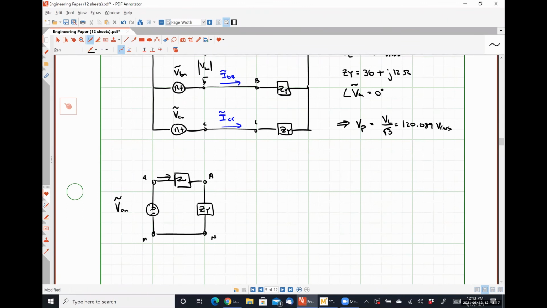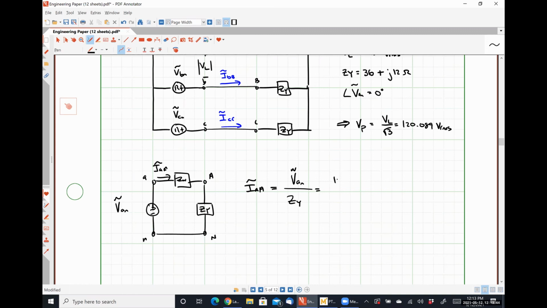We want our line current, IAA. So how would we go about getting that using our single phase equivalent circuit? It'll be our VAN. That is literally it.